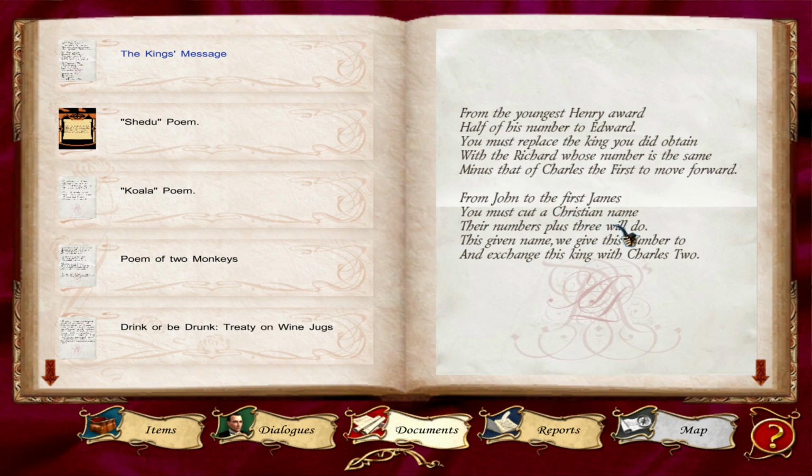So their numbers plus 3 will do. Is that John and James? No, that doesn't make sense, does it? Could that be Henry the Fifth, maybe? I don't know.